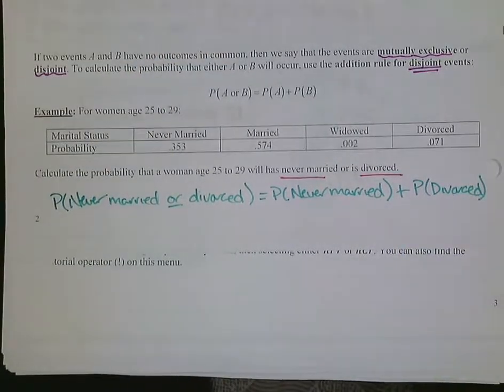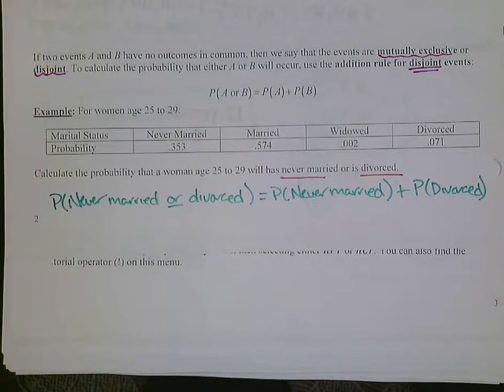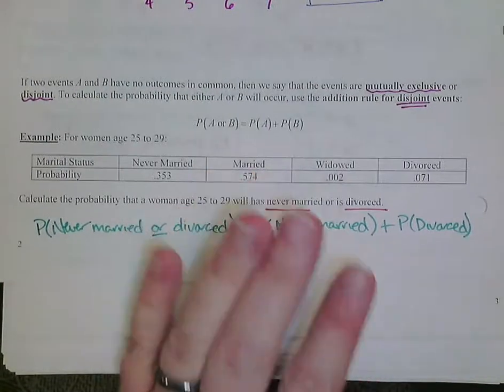You can't be divorced if you've never married. So you're either one or the other, but you could not possibly be both.